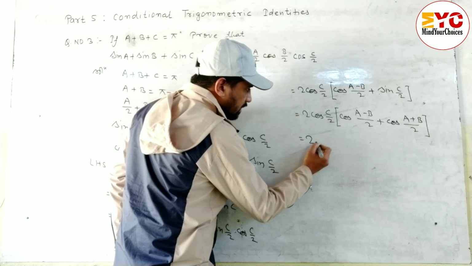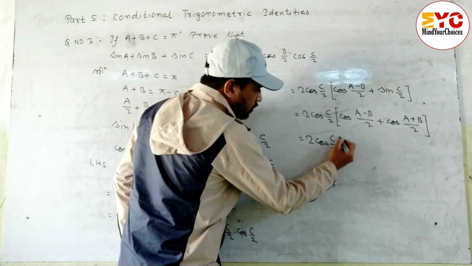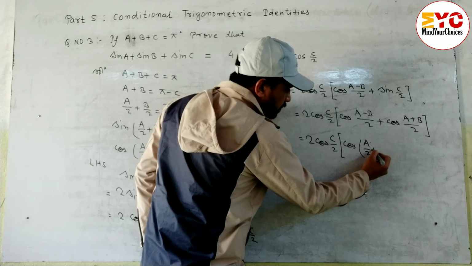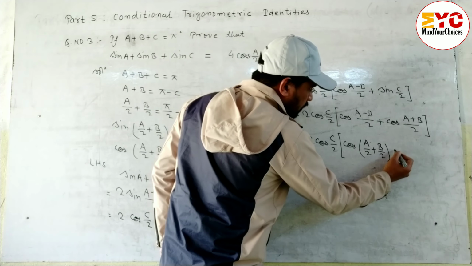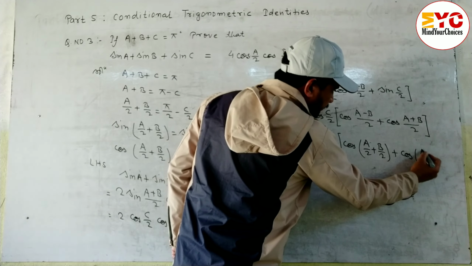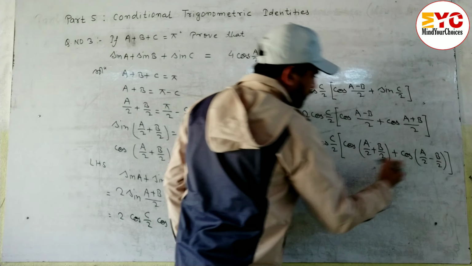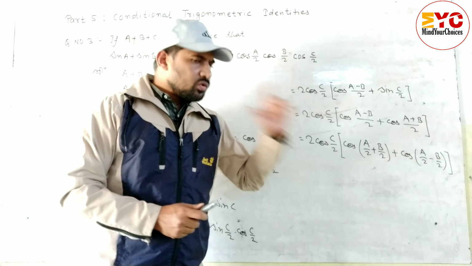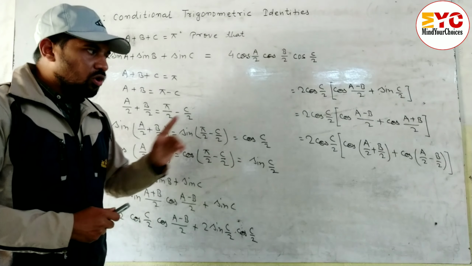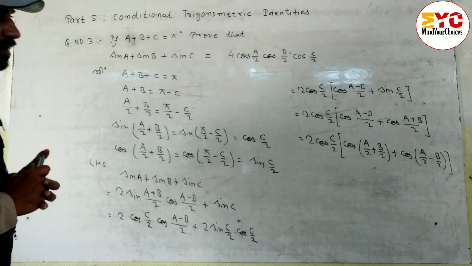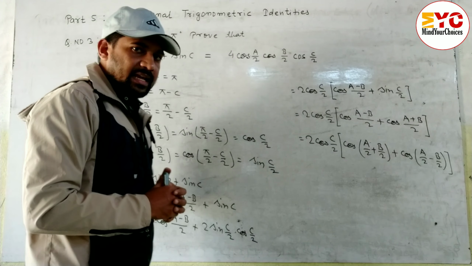You can see here 2 cos c by 2. This one is very easy. Cos (a by 2 plus b by 2) plus cos (a by 2 minus b by 2). While looking at this one, you remember one formula, cos (a plus b) plus cos (a minus b). What is the formula of cos (a plus b) plus cos (a minus b)?